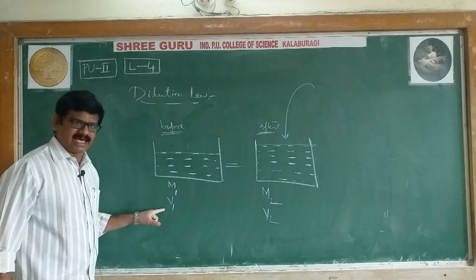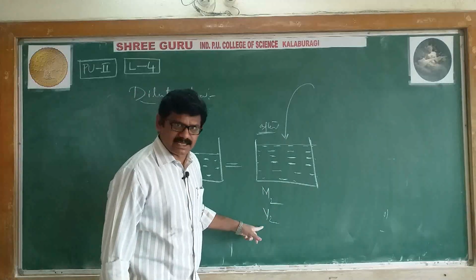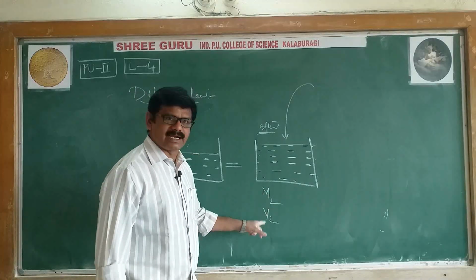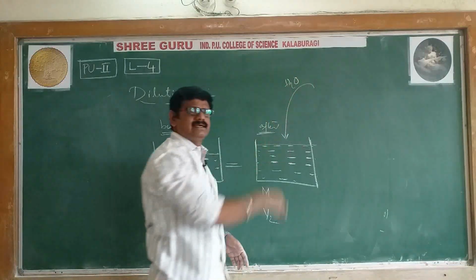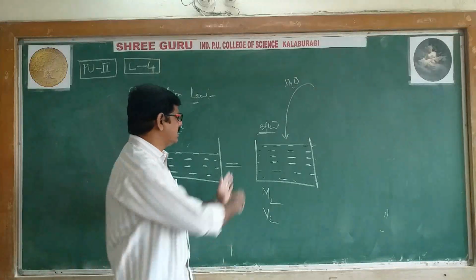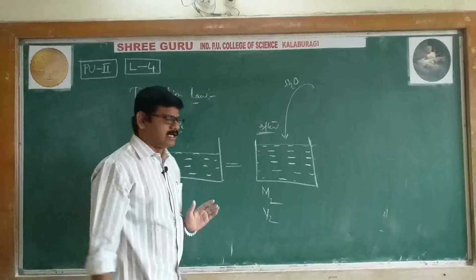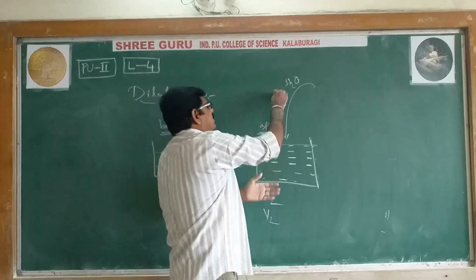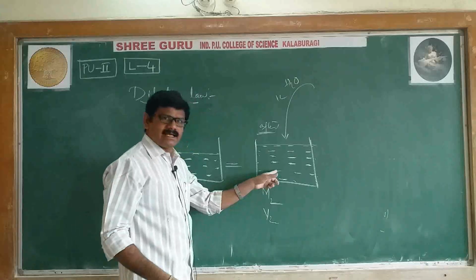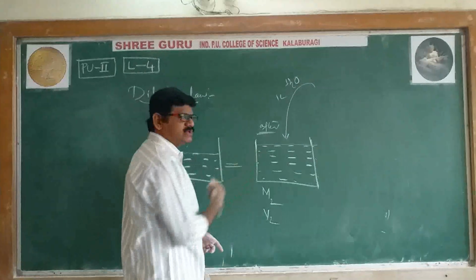These two are before dilution, these two are after dilution. Why after dilution do molarity and volume change? Because excess water has been added. Because of that reason, obviously volume increases. Say for example 1 liter was there previously. Now an extra 1 liter of water has been added. Already 1 liter, again new 1 liter. Total becomes 2 liters.